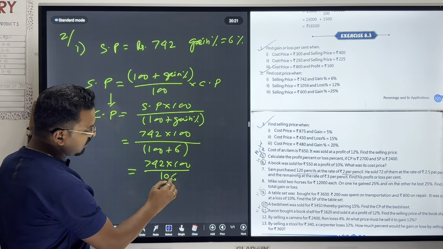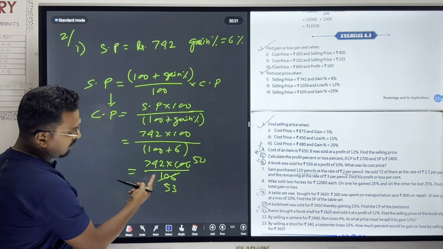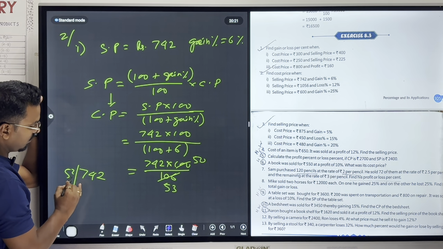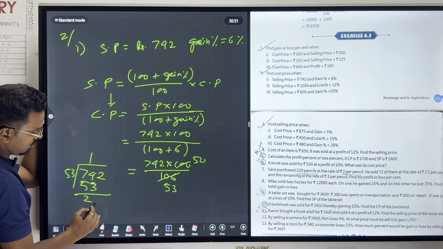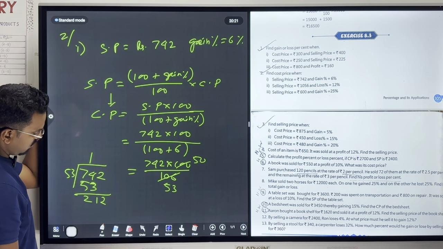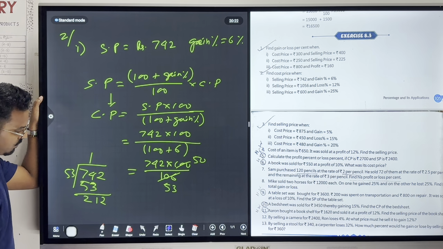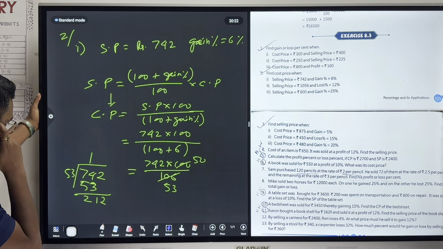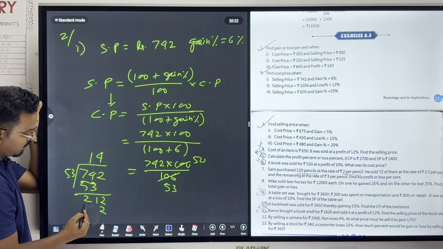Can you cancel? If you cancel by 2, it will become 53, and this is 50. Can you directly cancel it? Let me see. 742 divided by 53. 5 3s are 15. 4 3s are 12, 4 5s are 20, 21.